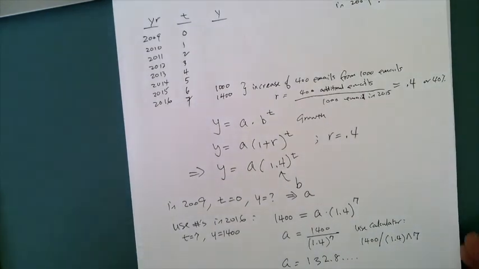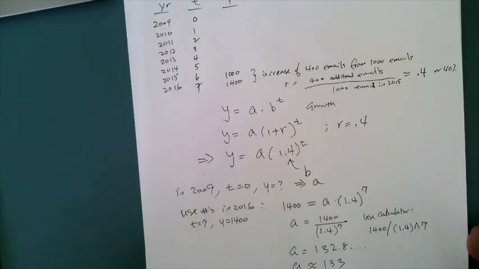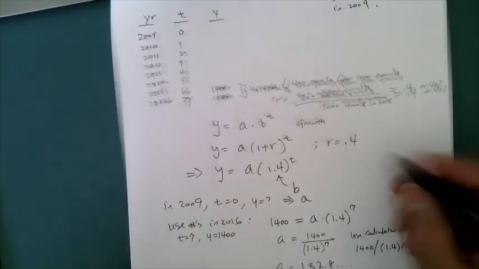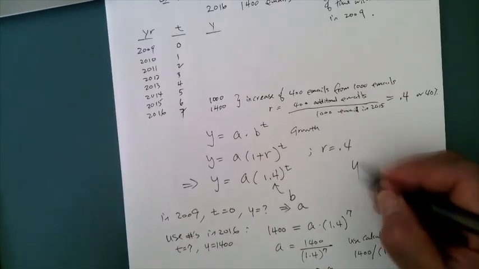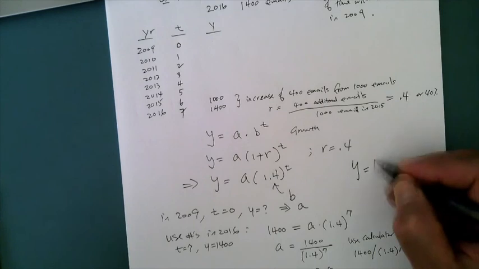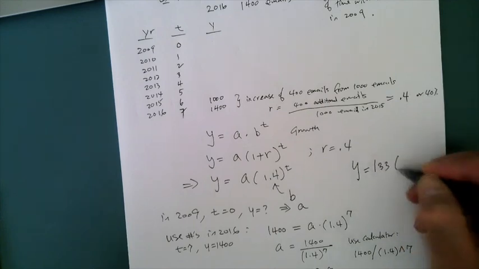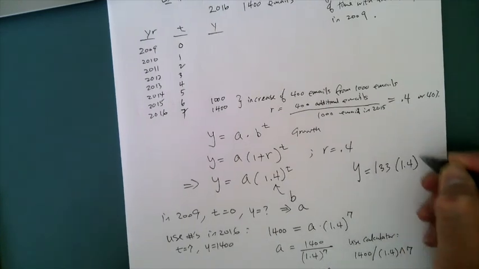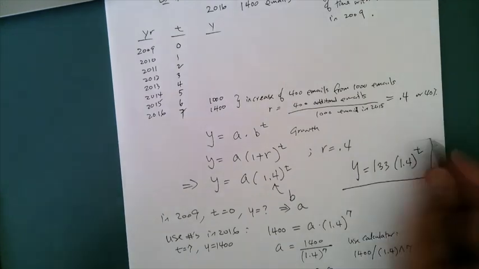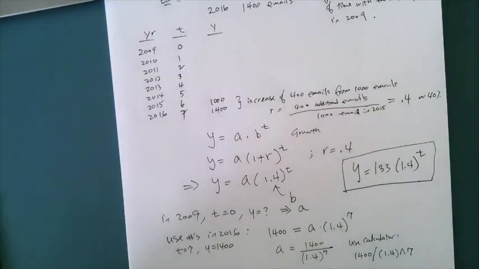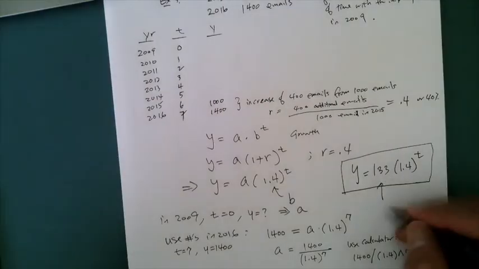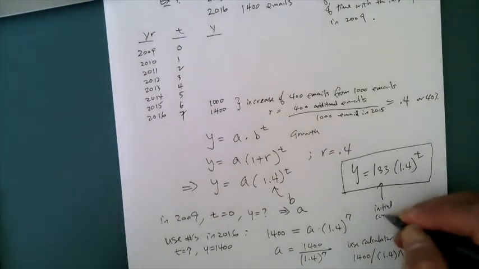So that means, in this case, I'm going to write it over here. Y is equal to 133 times 1.4 to the t power. This is our particular equation, and 133 is our initial condition.